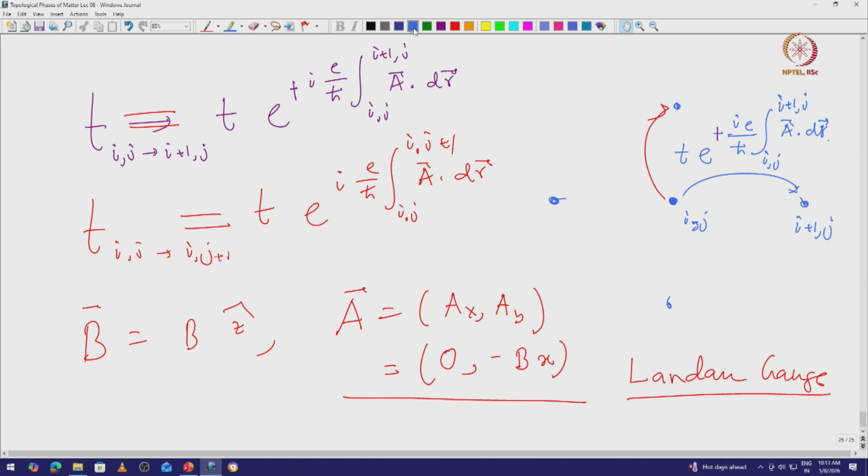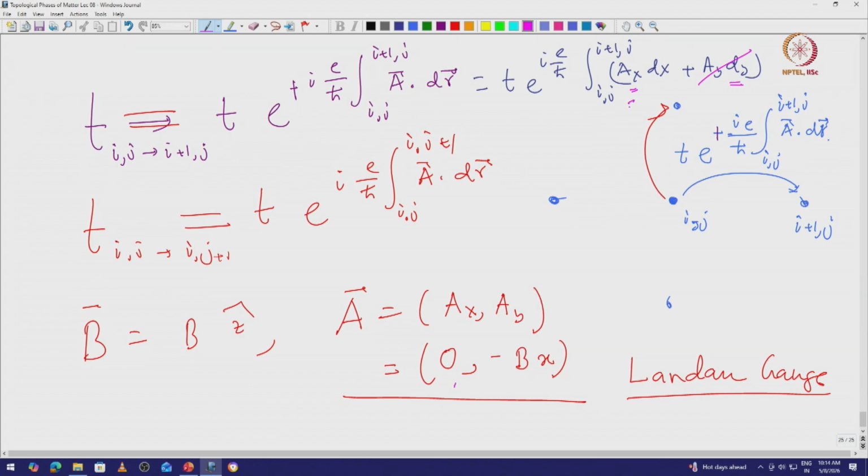So, this one we can split it into A x dx plus A y dy, and needless to say in this case dy is 0 and in our choice A x is 0.